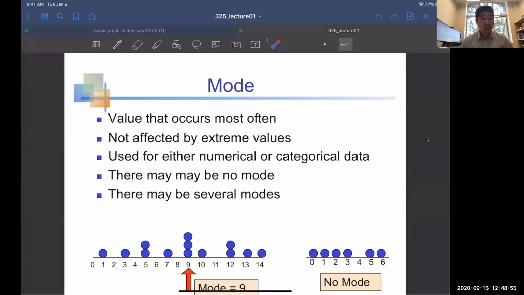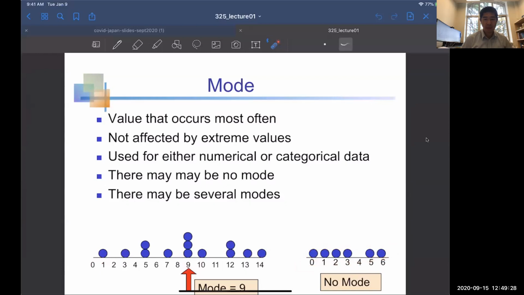And which occupation is in the middle in terms of job loss, for example. The mode is also not affected by extreme values, because it tries to get the most frequently observed value, so changing the outlier value does not affect the mode at all. There may or may not be a mode, because sometimes multiple values line up with the same frequency.